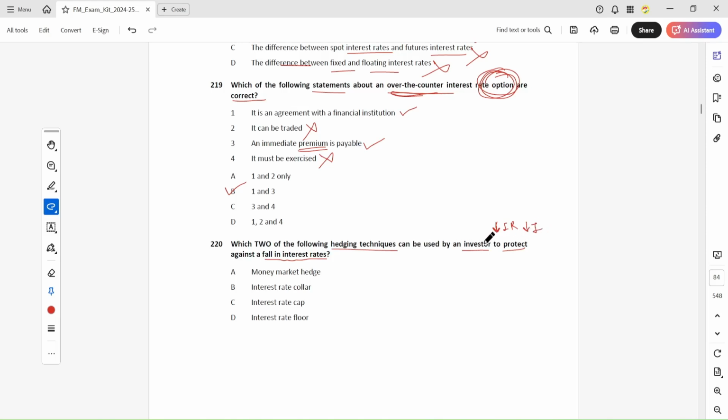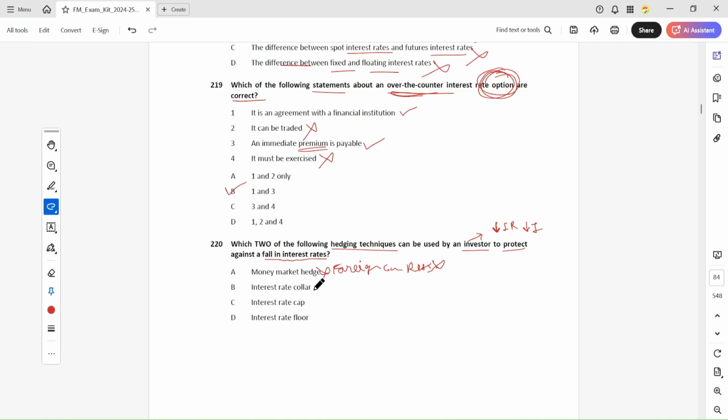So this is the risk for the investor. So how can they manage? Money market hedge? Money market hedge is for foreign currency risk management. It's not for interest rate. So this is not right.